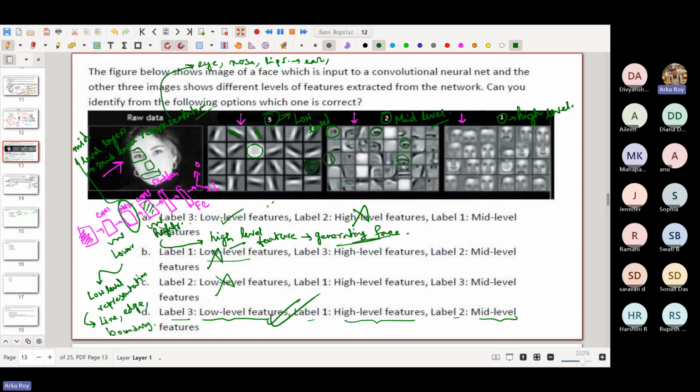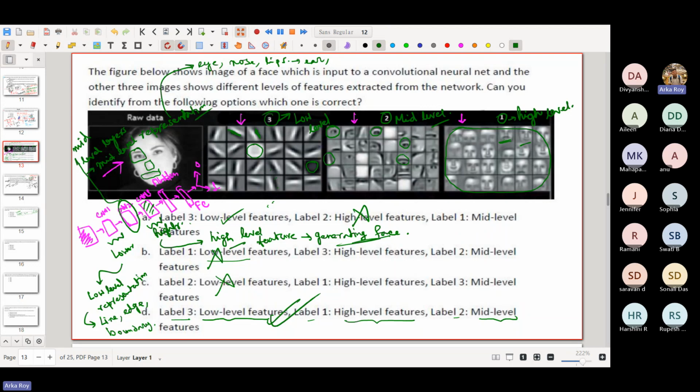High level representation means what? That it is now able to generate the faces. These sorts of high level information we do not require in a transfer learning task, because we are trying to transfer the knowledge to some other database.